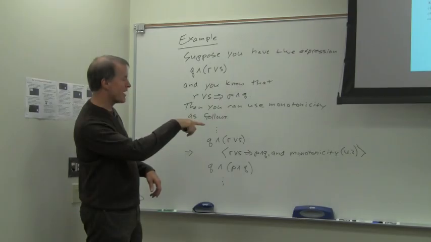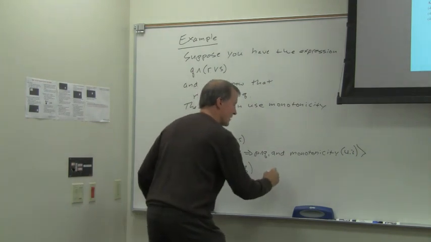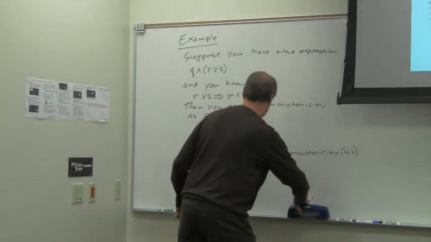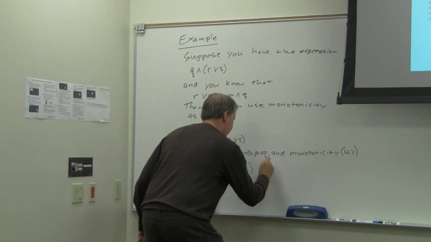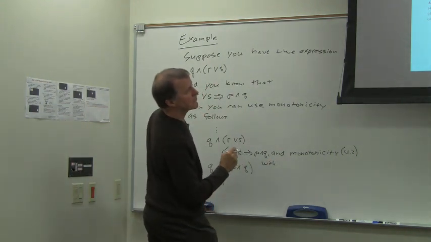If we were to write out 4.3, with Q replaced by R or S and P and Q. So what do we have in 4.3?